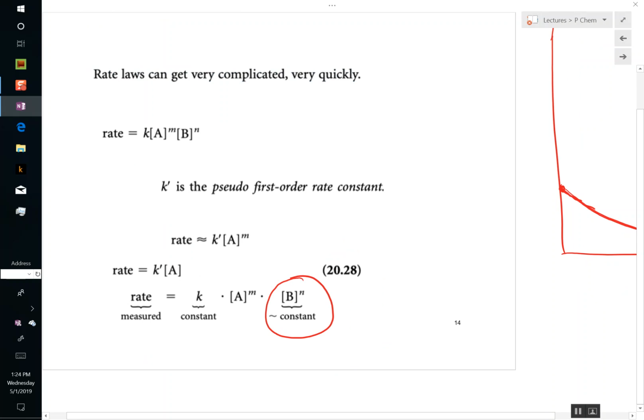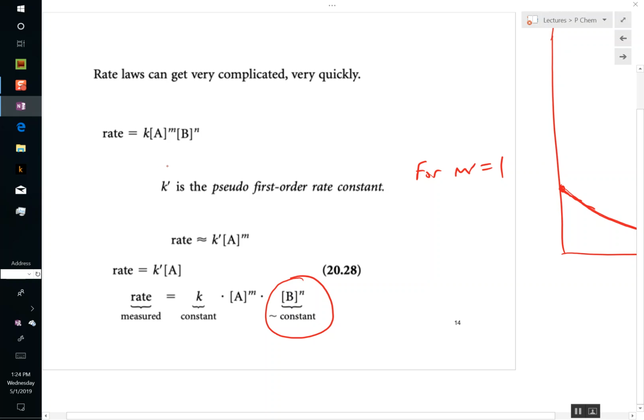But if M equals 1, you can do this pseudo first order approach to it. Wait, so are you saying as B gets really small or A gets really small? As B is very large. Oh, large. Very large. You work with a very high concentration of one of the reactants, and you look at the kinetics of the other.